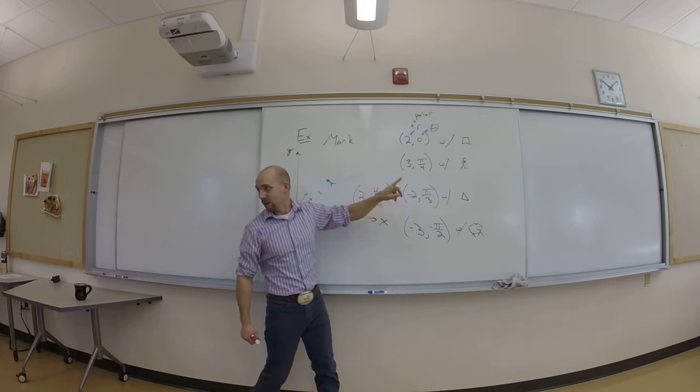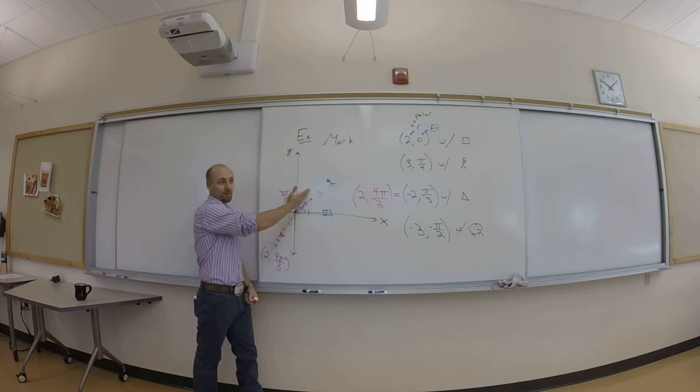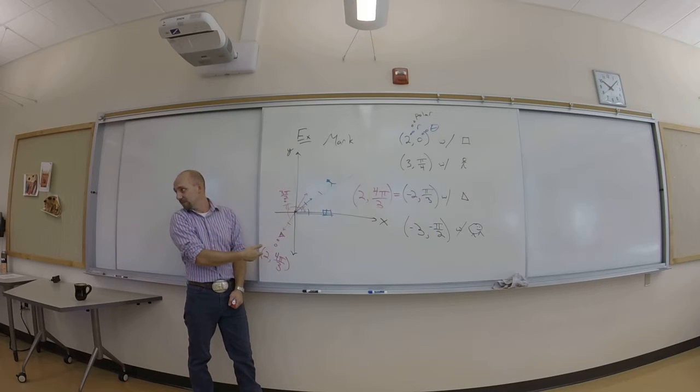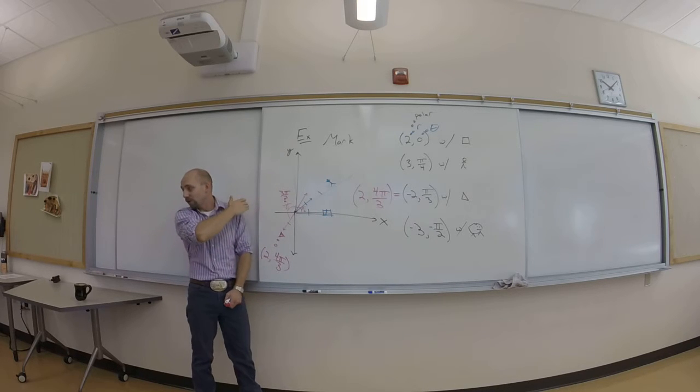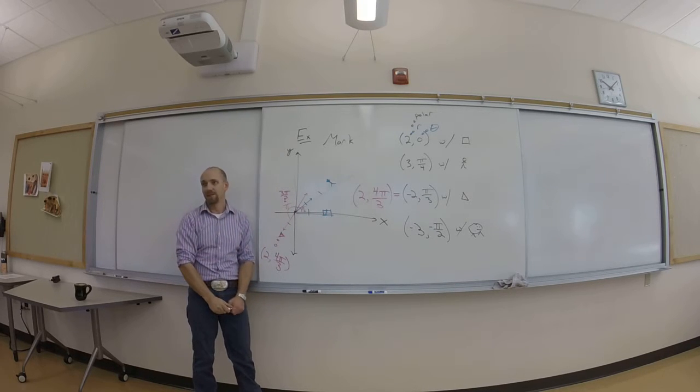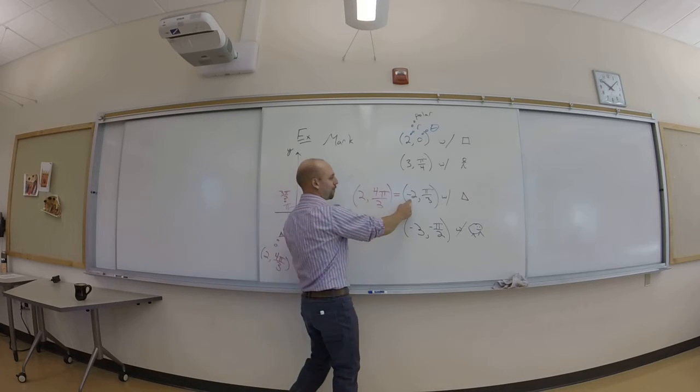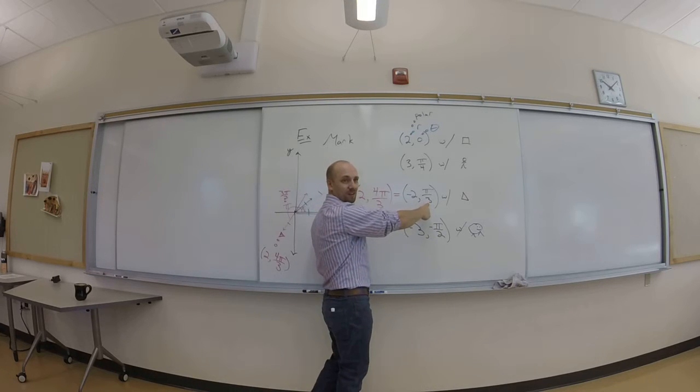So I'm going to go to that angle, and then backwards is going to put me in the opposite quadrant, not the next quadrant over. You have to be a little careful with these because your usual signage doesn't quite work here. Normally I would think this is back and then up, but that's not what this means. This means go around to pi over 3 and then go out -2 units.